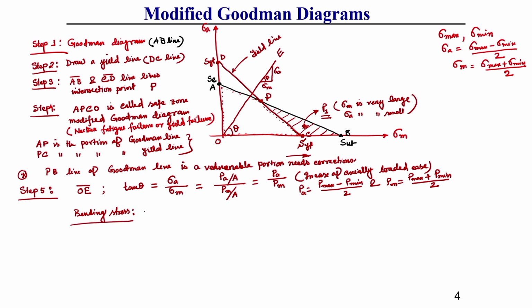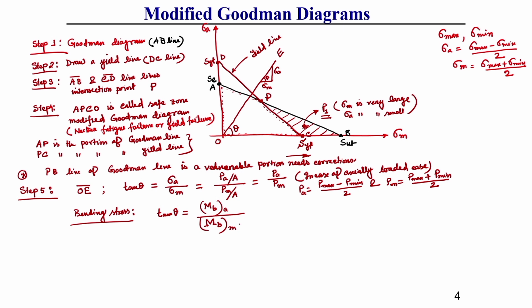In case of bending stress, we can write tan theta as bending moment amplitude divided by bending moment mean.